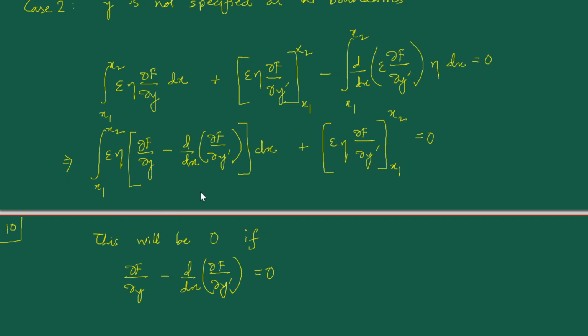So individually this part of the integrand is equal to 0. That will ensure that this integration is 0. And considering this boundary term, since eta is arbitrary, we can't do anything with it, but we can ensure that this is equal to 0 by ensuring that del f del y dash is equal to 0.